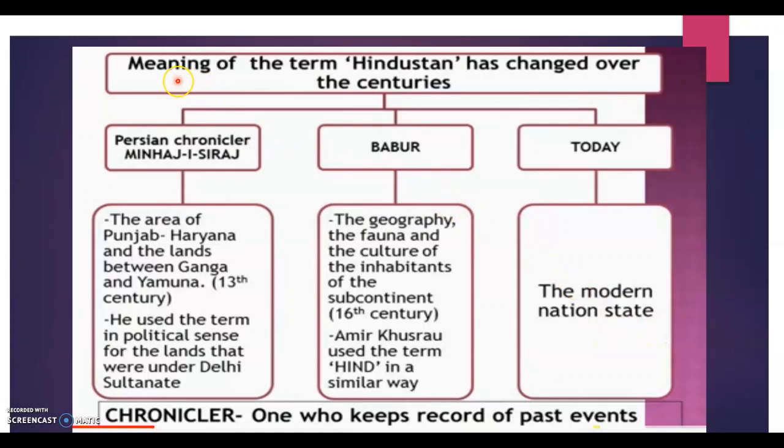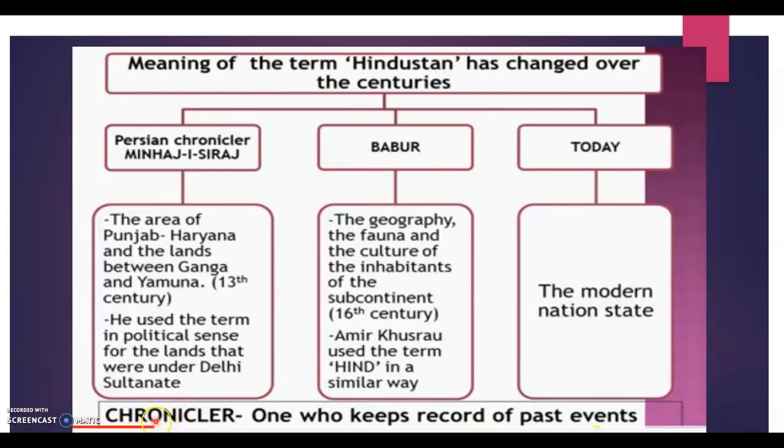These are the meanings of the term Hindustan, which has changed over the centuries. First, it was used by Minhaj-e-Siraj in the 13th century, then by Babur in the 16th century, and today we use this term to indicate the modern nation state.